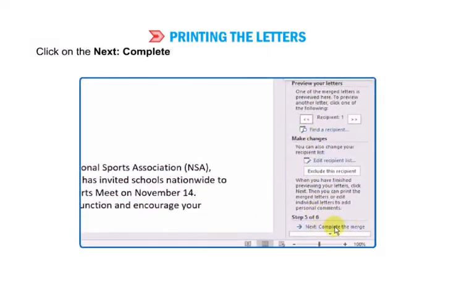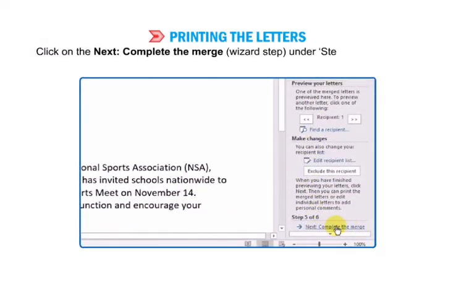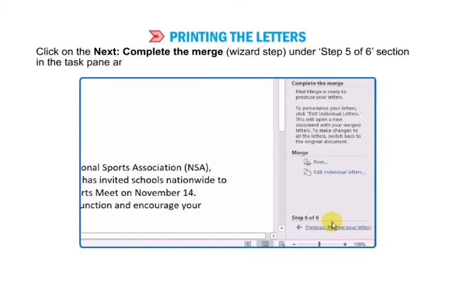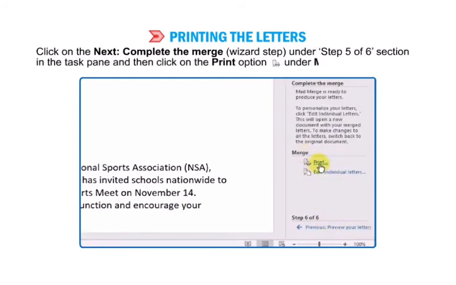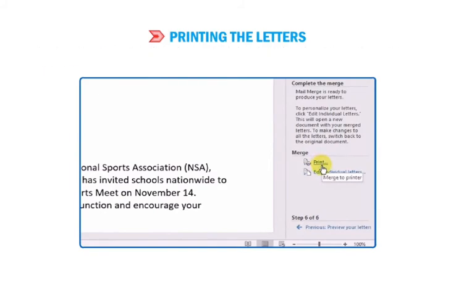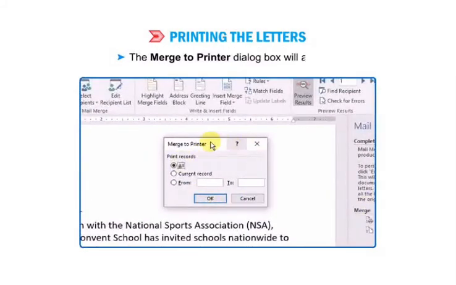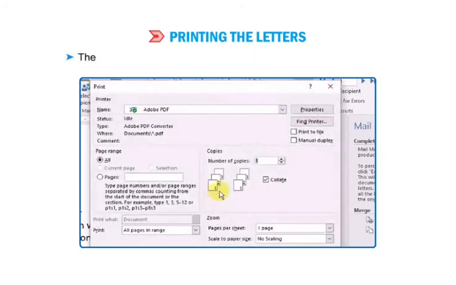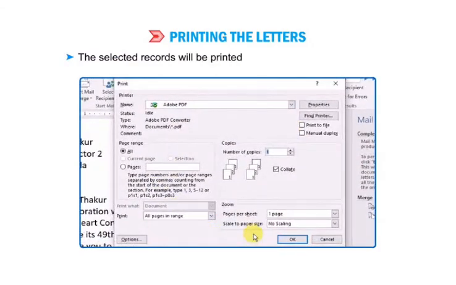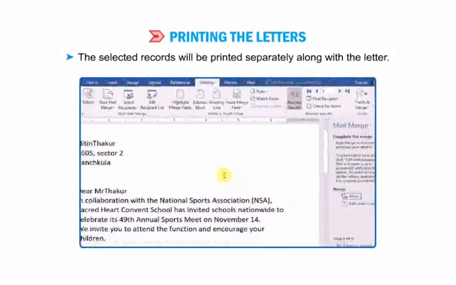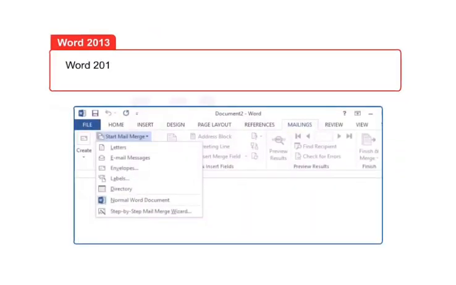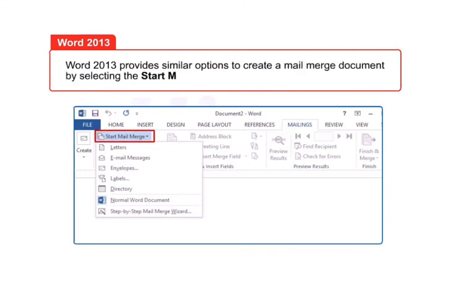Click on the Next: Complete the merge wizard step under Step 5 of 6 section in the task pane and then click on the Print option under the Merge section. The Merge to Printer dialog box will appear. Define the desired print settings and click on OK. The selected records will be printed separately along with the letter. Word 2013 provides similar options to create a mail merge document by selecting the Start Mail Merge option from the Mailings tab.